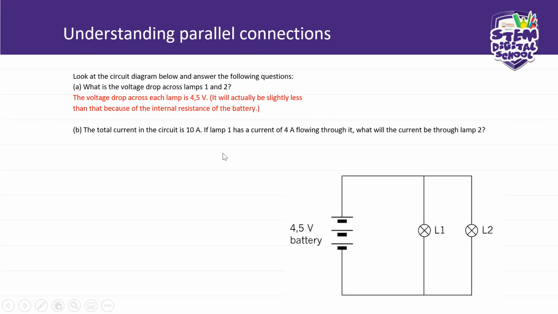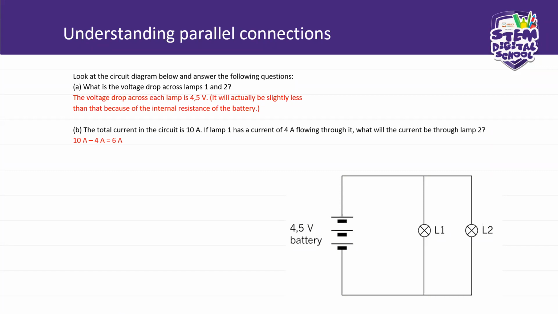If lamp 1 has a current of 4 amps flowing through it, what will the current be through lamp 2? It's a total of 10 amps minus 4 amps that goes to lamp 1.